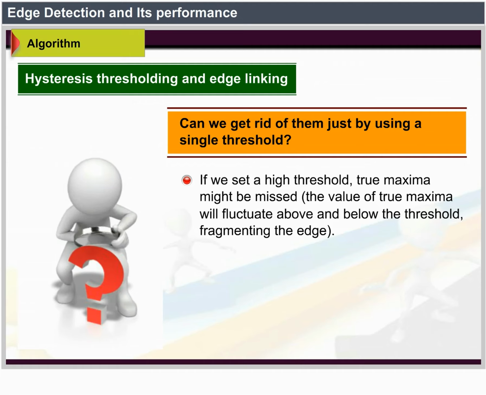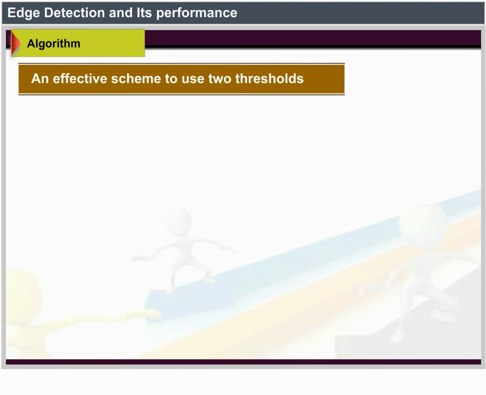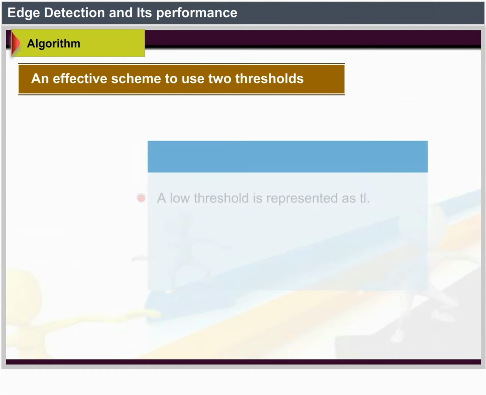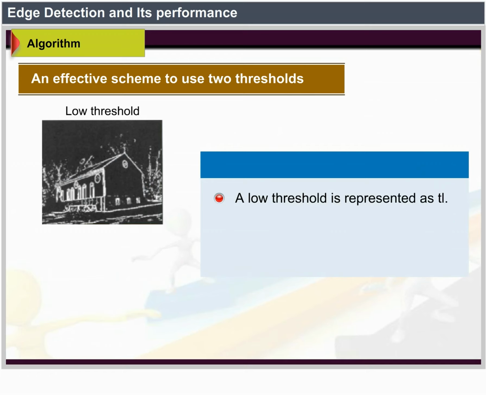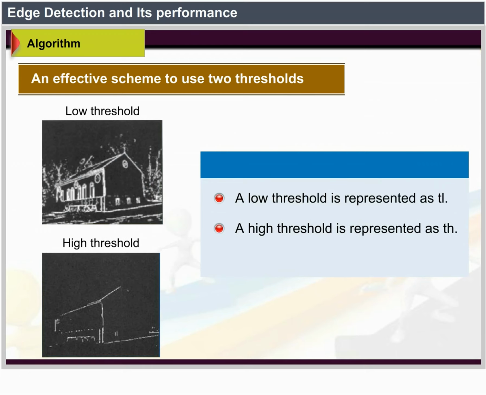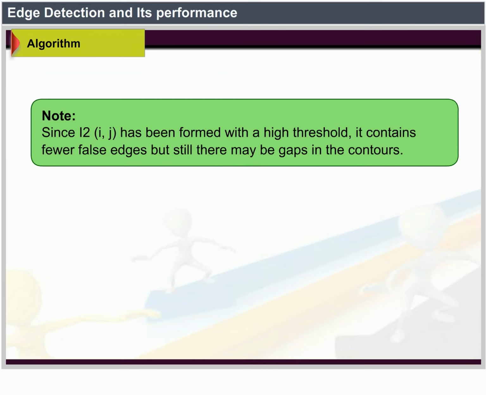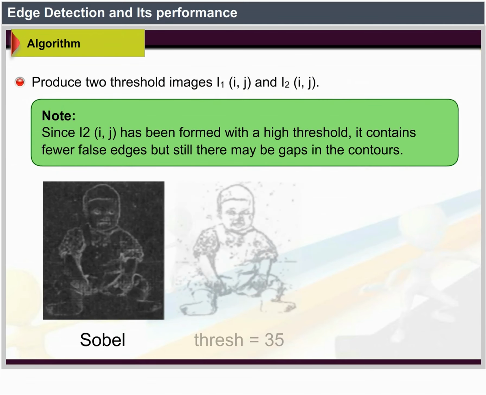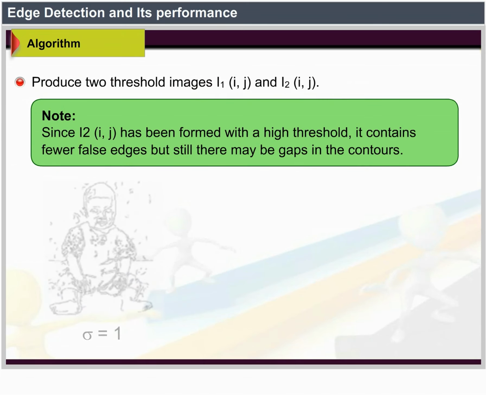A more effective scheme is to use two thresholds: a low threshold, TL, and a high threshold, TH. Usually, TH is approximately equal to 2 TL. It involves the following steps. 1. Produce two threshold images, I1 and I2, as seen.